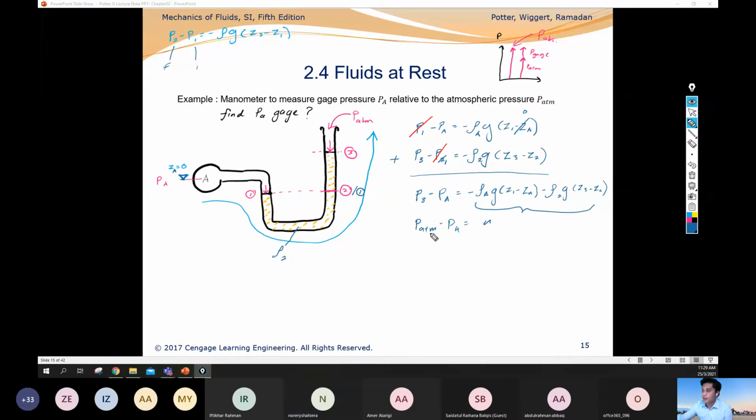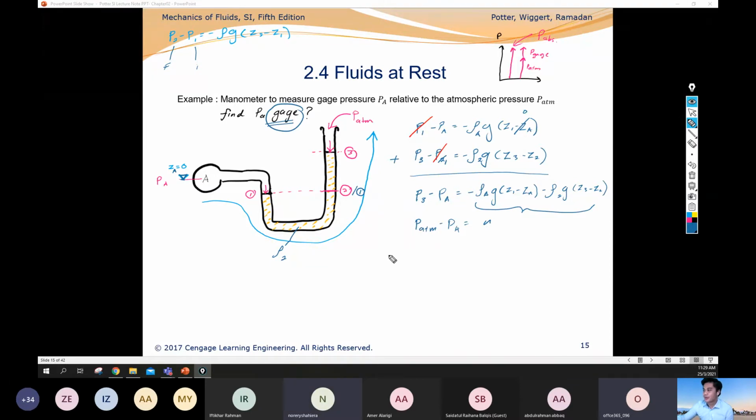So PATM. Once we set as the gauge pressure, what do you think of PATM? Okay, once we set, the question asks, find the gauge pressure at point A. So it is the gauge. So what do you think of PATM?